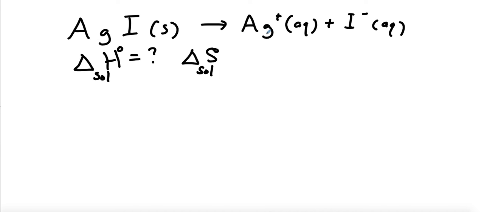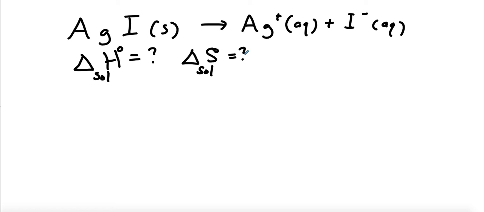So let's start by looking at the two ions here. We know that we can predict trends in the entropy of solution for different ions, but we can't predict the overall sign. Why?